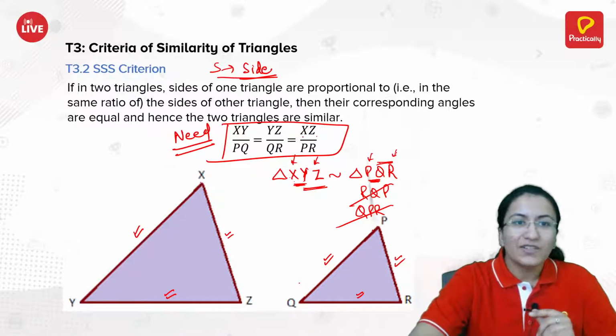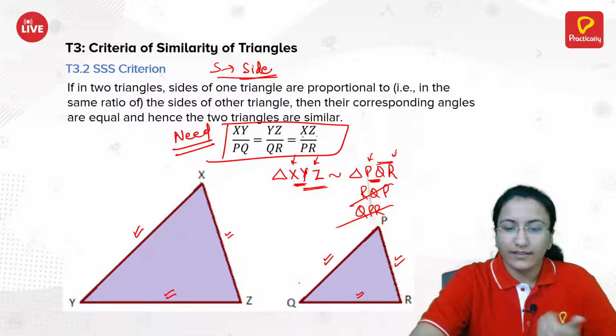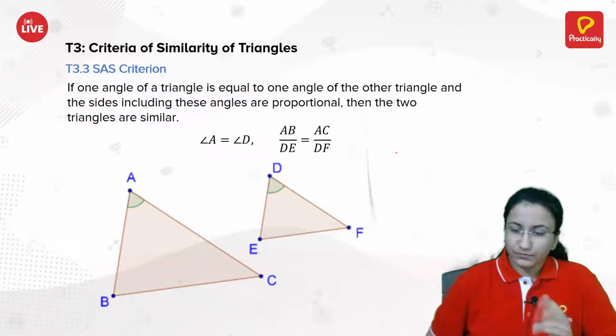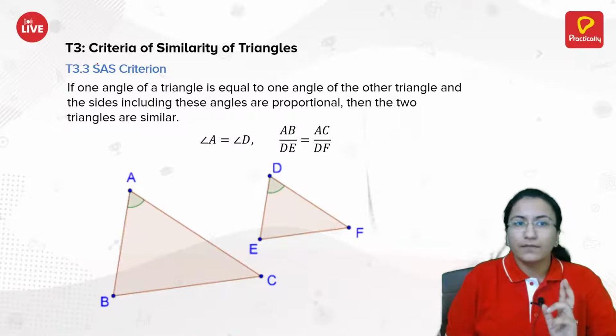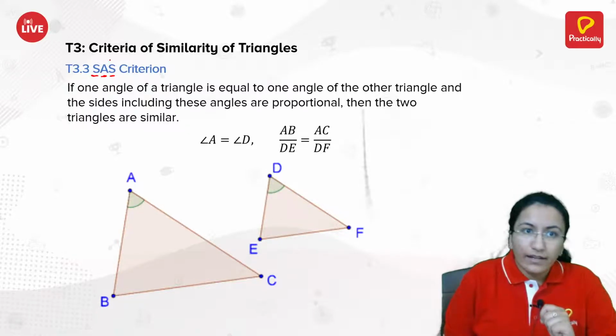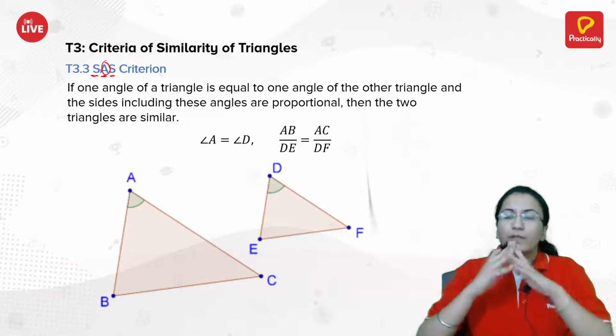Okay, so this is the second criterion. The third criterion is SAS criterion. Now you are familiar with the terms. S means side, A means angle, and S again means side, and A is always written in between the S's.